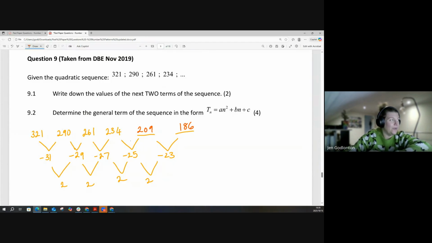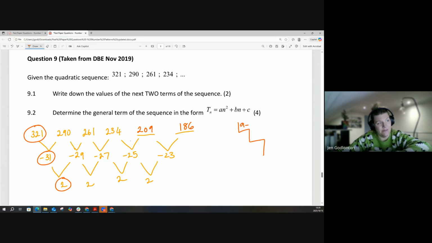And now for 9.2, we just need these and our little ladder.